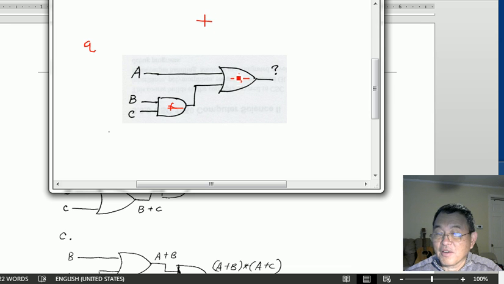That OR has 2 sides, and one side is obviously A. The other side is an AND, and this side is B and C, so there is this wire. Therefore, B and C. That's it. Easy, right?